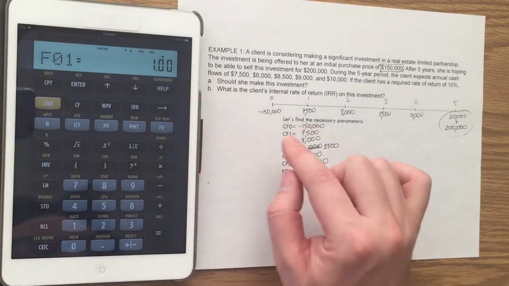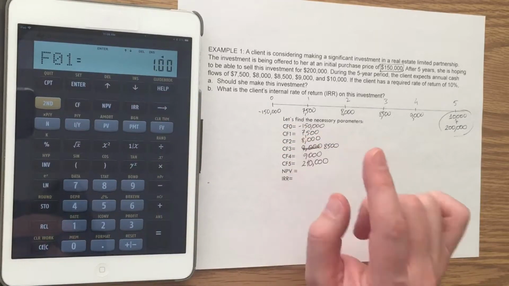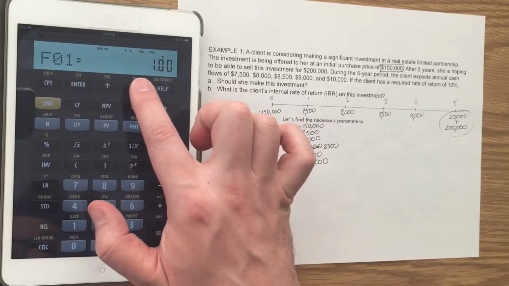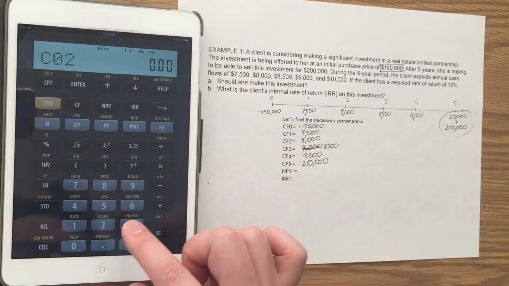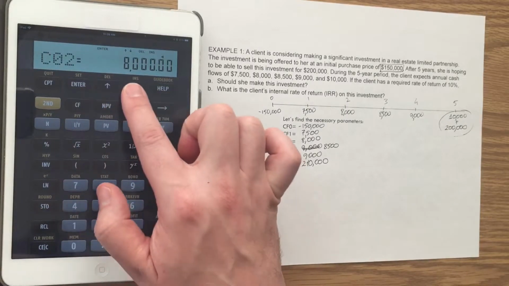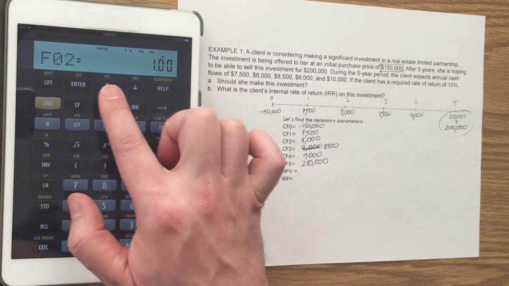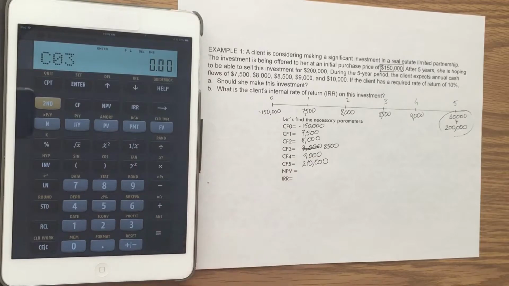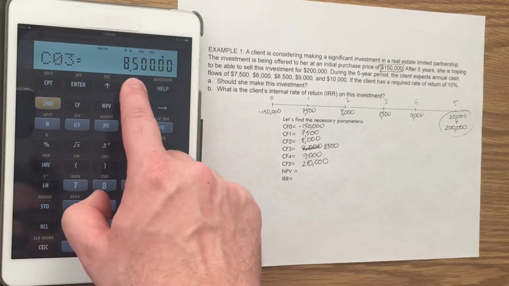And F1 is the frequency. She's going to receive this payment only once, so it needs to be 1. Enter down. The second cash flow is $8,000. Enter down. Frequency is 1. Enter down. The third cash flow is $8,500. Enter down.